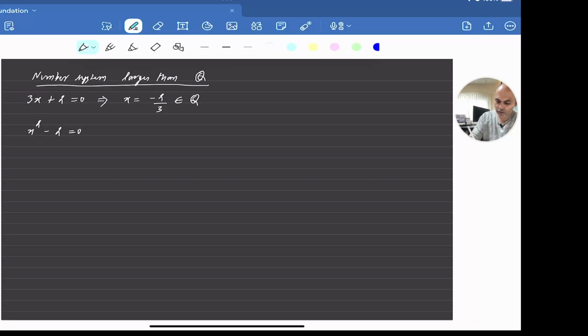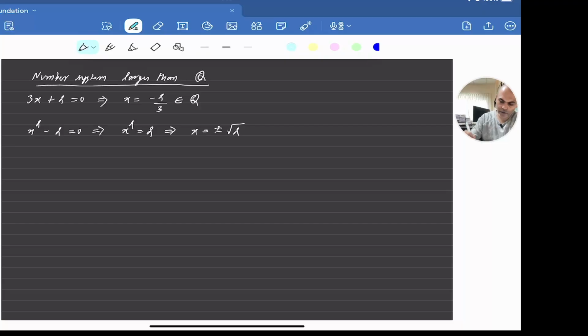So how do we solve this equation? So we have x square equal to 2, so we bring the 2 to the other side, and then you take square root on both sides, so you get x equal to plus minus square root 2.